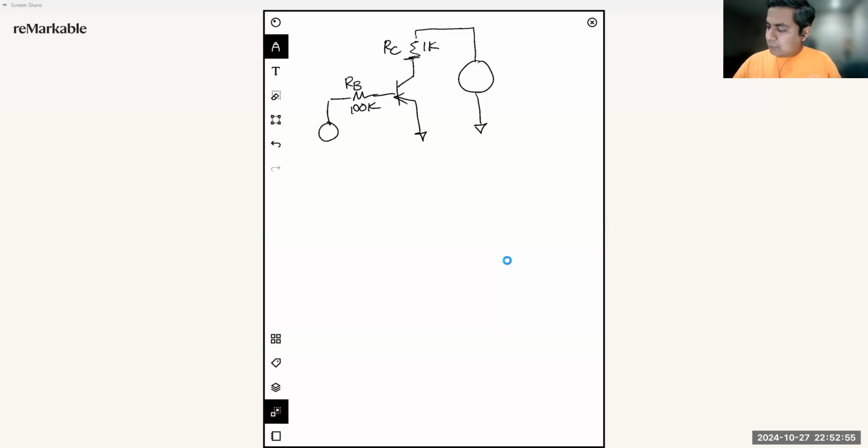And then you have two sources, but the ground terminal is on the collector side, and you have to flip the voltage direction for the sources. So this is our VCC2, I'm just denoting it as 2 to distinguish it from the NPN setup, and this is our VBB2.